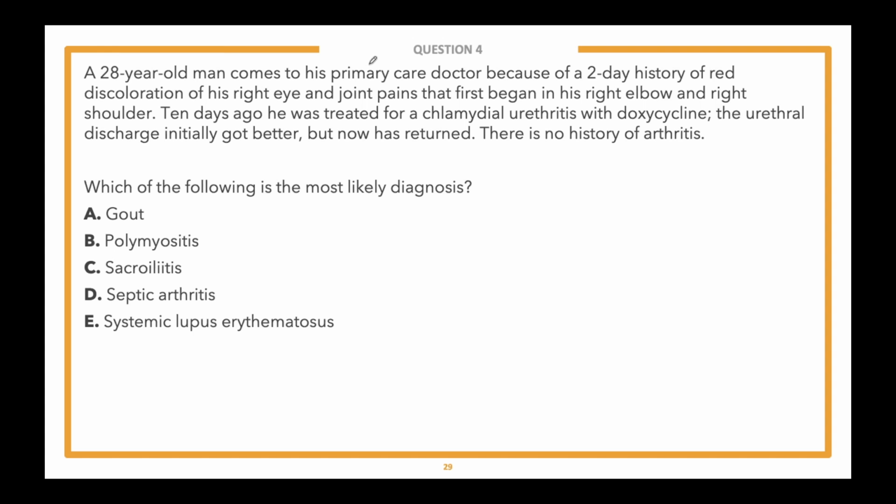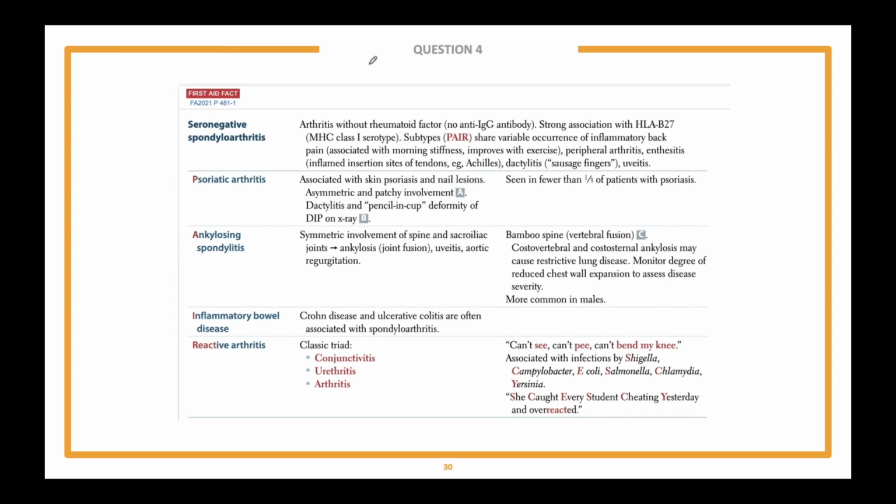It's one of those conditions that we consider a seronegative spondyloarthropathy. And actually on the next slide, Sean has gone ahead and pulled up a table of those seronegative spondyloarthropathies, okay? Others include psoriatic arthritis, ankylosing spondylitis, and IBD.